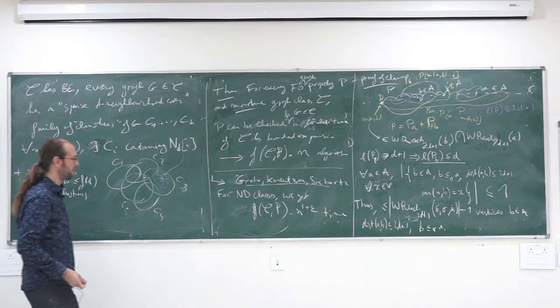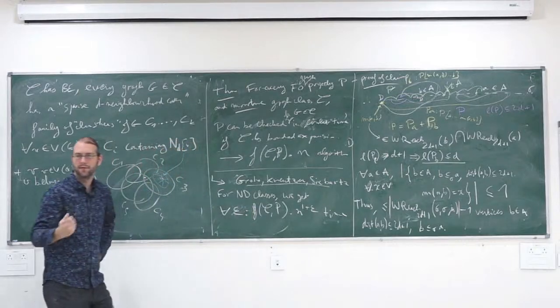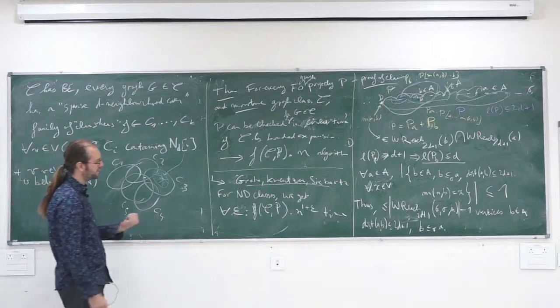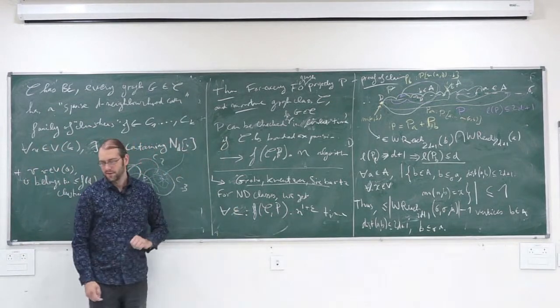This is for all epsilon. Choose an epsilon, and you can be as close to linear as you want. You cannot be linear. Okay, so this is for nowhere dense classes.